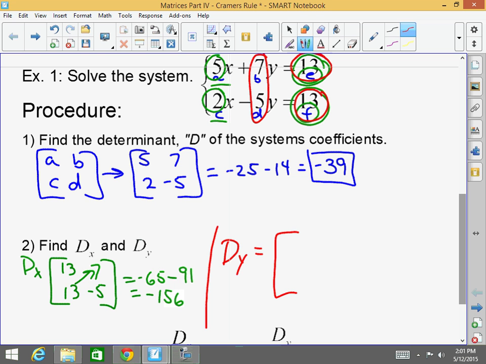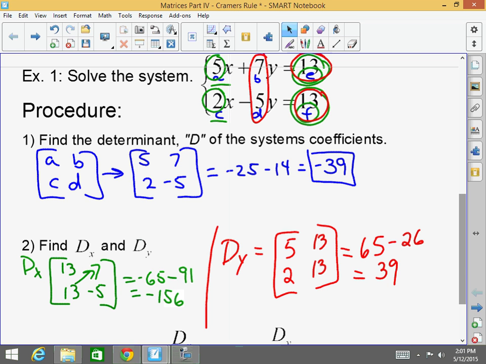So this d of y matrix will be 5, 2, 13, 13. And that's going to equal 5 times 13 is 65 minus 26. And I believe that's 39.